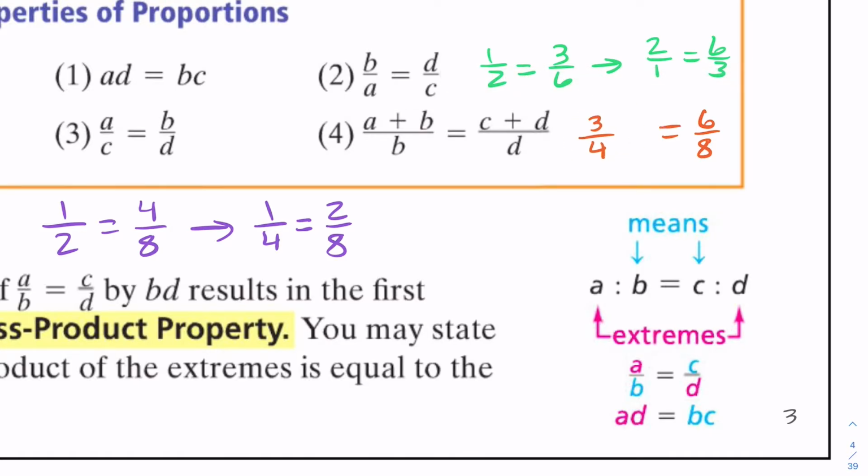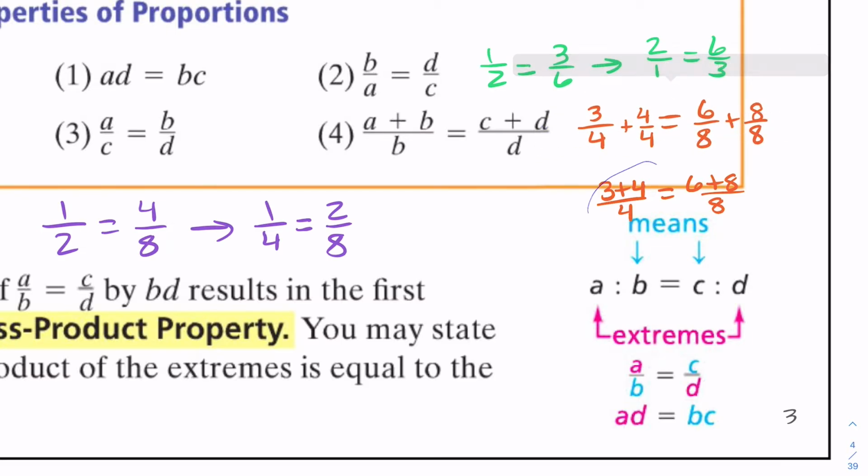If you have 3/4 equals 6/8, you're able to add 4/4, which is really 3 plus 4 over 4, and you're able to add 8/8, which is, both of these are just the number 1, so you get 6 plus 8 over 8. That's a legal operation that you're allowed to do, is add the number 1 to both sides in the form of a denominator over a denominator that's equivalent.